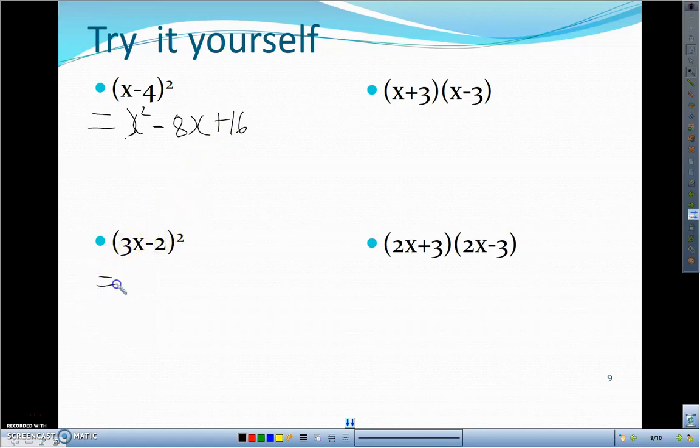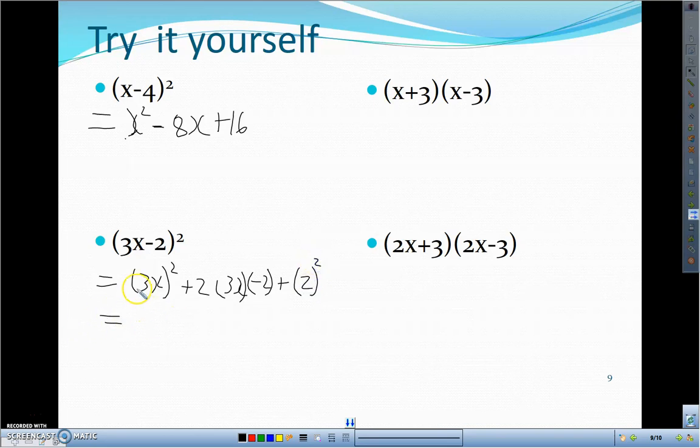This one here, we've got this 3x at the front, and we've got this plus 2 times these things, 3x, and we've got this minus 2, and then we've got this plus b squared, which is 2 squared.